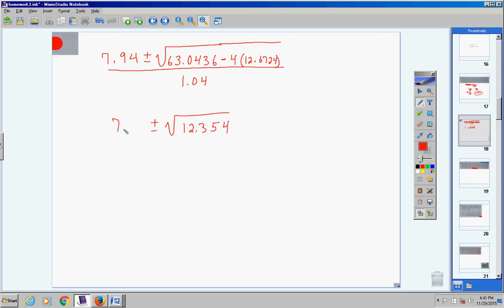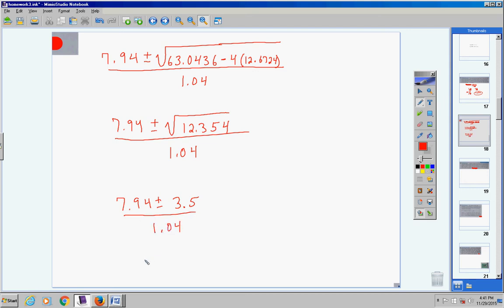Outside here we still have your 7.94. In the denominator we still have 1.04. Now, the square root of 12.354, of course rounded, is going to be 3.5, so I rounded to one decimal place. 3.5 all over 1.04.